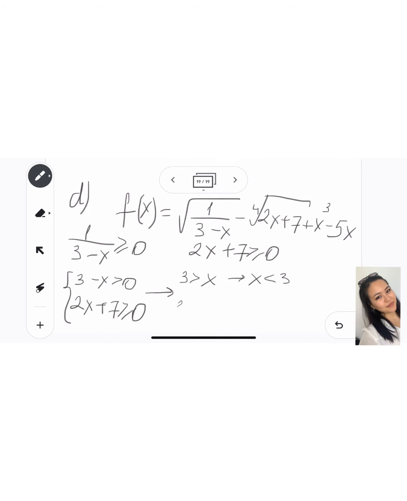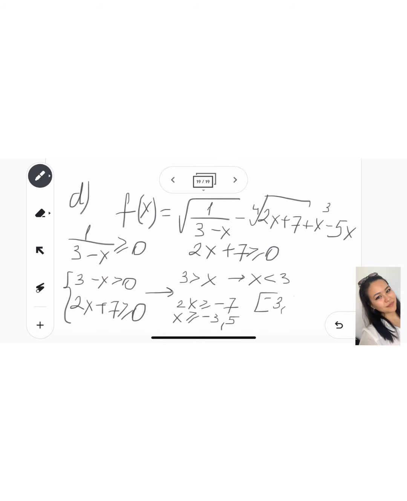We go further and x is less than 3. 2x is greater than or equal to negative 7. We're going further and x is greater than or equal to negative 3.5. Negative 7 divided by 2 is negative 3.5.